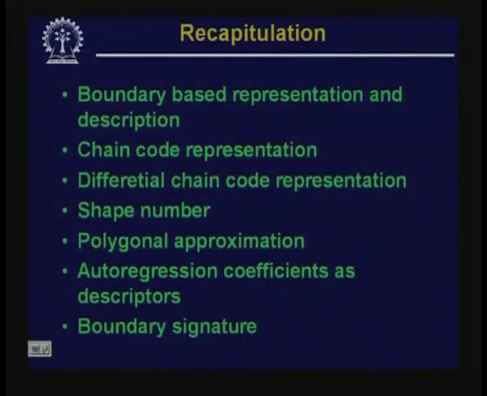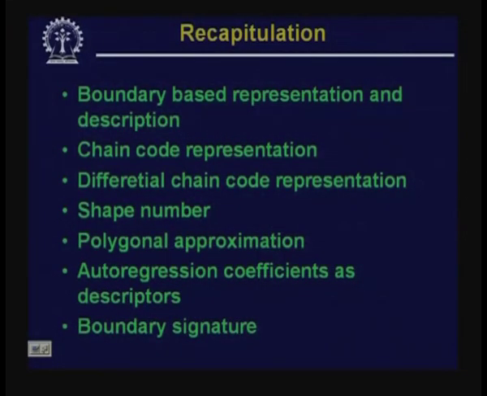And we have said that if I follow a convention that I will select a starting point such that the numerical number that is generated is minimum, then what I get is a chain code or differential chain code based description of the object shape or of the object boundary, which is a descriptor that can be translation, rotation and scale invariant. And this particular minimum number that we get, we have said this is what is called the shape number for that particular object shape.